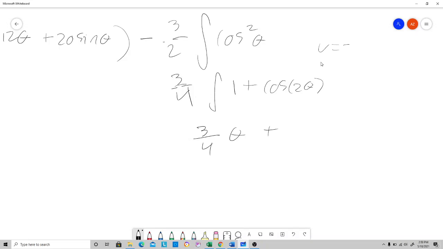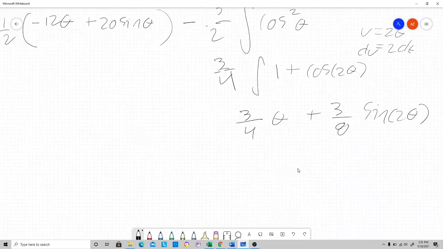So u is equal to 2 theta, and then this is gonna be 2 theta du, and then to solve for it, we just need to pull out this 2, so it's gonna be 1/2, and 3/4 times 1/2, that's gonna be 3/8, and that's gonna be sine 2 theta.